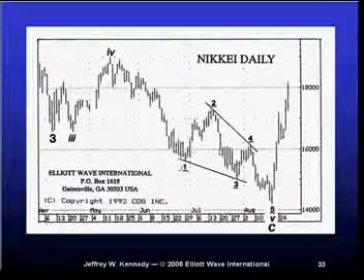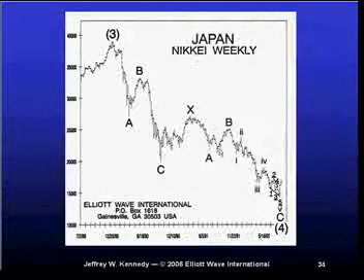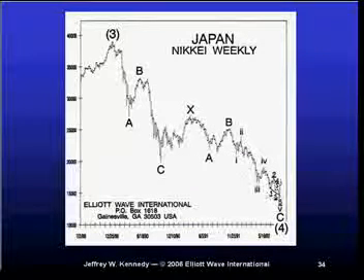And again, diagonal triangles can only form at the termination points of larger wave patterns, as it did in this instance here. This is a large double zigzag correction, ABCX, ABC, and as you can see, this diagonal triangle down here does indeed mark the termination point of the larger wave pattern.